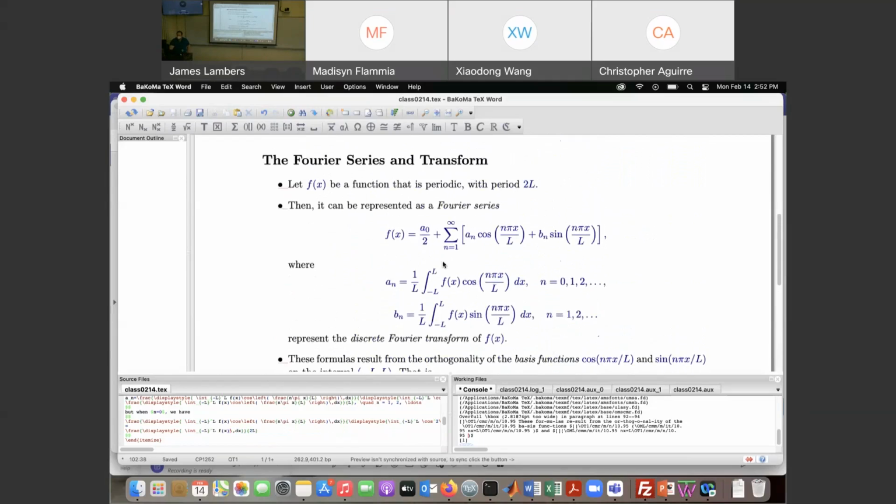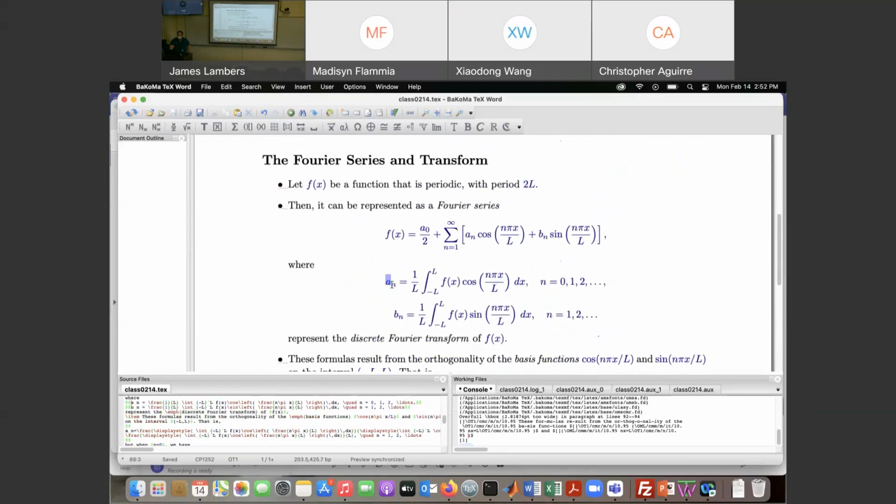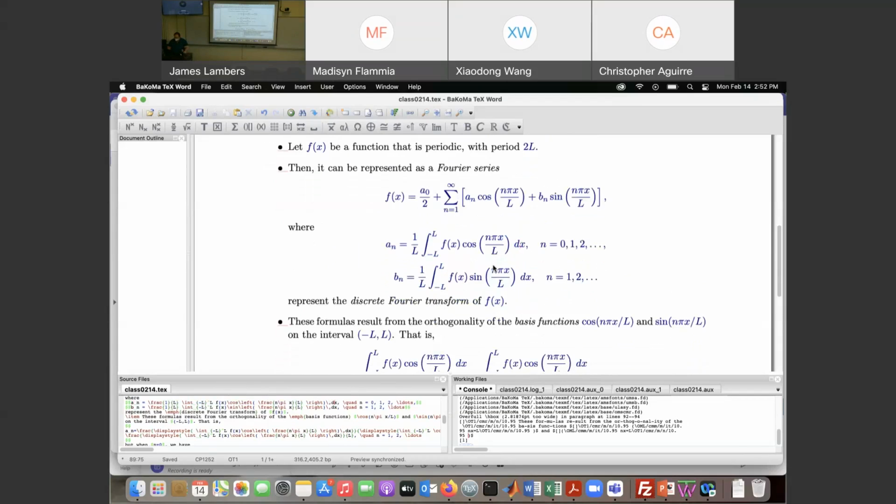That's why we have a0 over 2 up here. Because what some books do is say, oh, an is defined to be this for n equals 1, 2, etc., and then they put a 1 over 2L for a0. So our textbook has done this in one formula, but put a factor of 2. Any questions about this Fourier series formula?